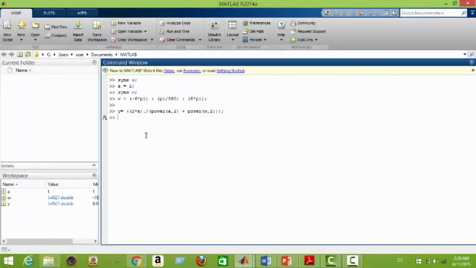Here it shows that the equation for the function is 2a over a power of 2 plus omega power of 2.